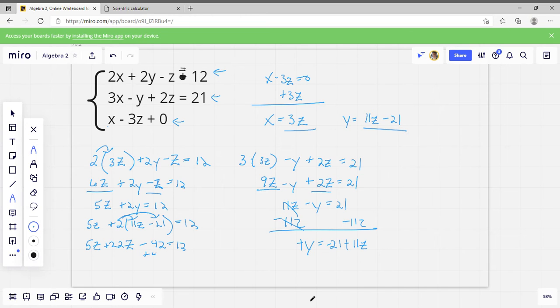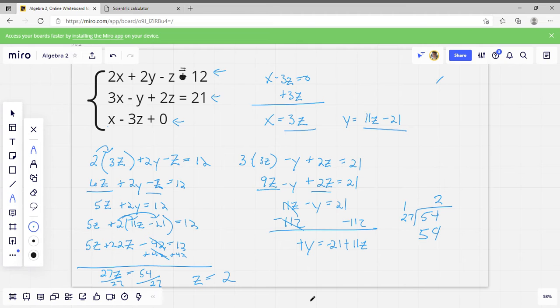Now we're going to add 42, and we can put these two together, so that will be 32z, equals 54. Then we just need to divide by 27. 27 goes into 54 twice, so z equals 2.